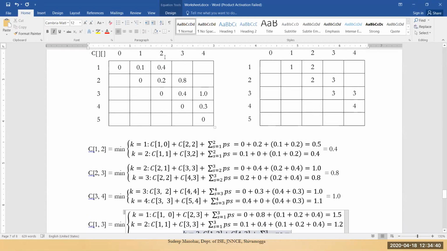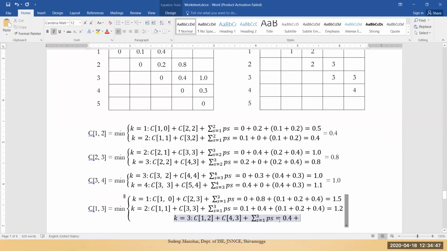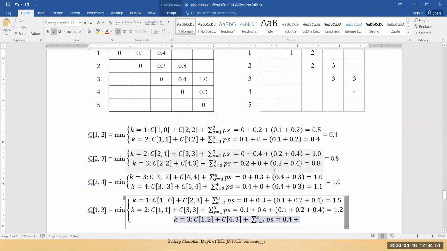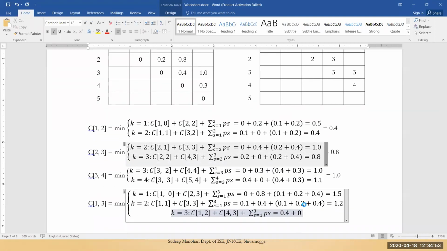What is C of 1 comma 2? It is 0.4, plus, what is C of 4 comma 3? 4 comma 3 is 0, plus the probabilities are the same, from P1 to P3. What is the result? 0.7 plus 0.4, it is 1.1.